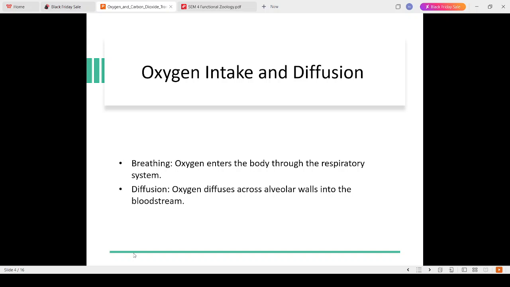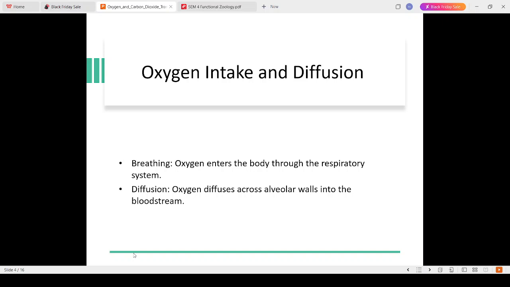The lungs normally have a lower air pressure, and because of that, entering of air into the lungs is easy. This process is what we call inspiration, and this is something you have been studying for a very long time, maybe from lower classes itself. You know what is inspiration and what is expiration. Intake of air is known as inspiration, expulsion of air is known by the name expiration. So as a result of inspiration, or breathing, we are taking oxygen into our lungs.